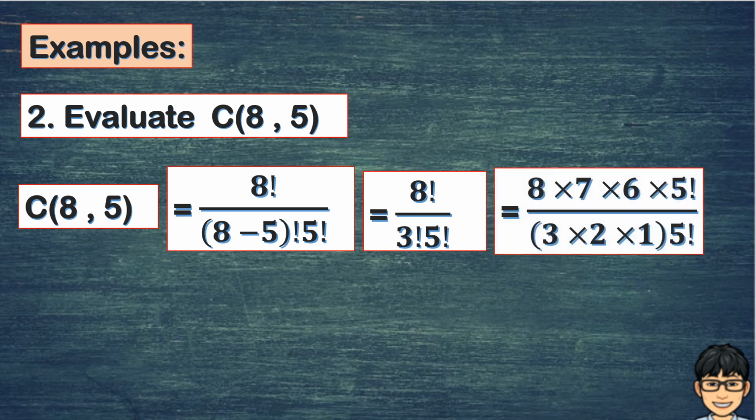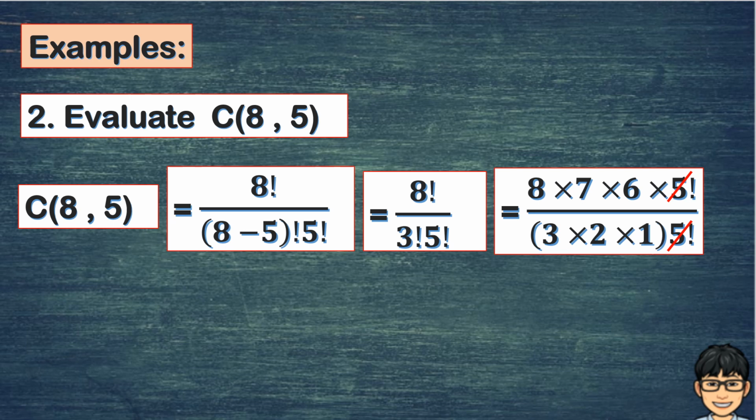To simplify, we have 8 times 7 times 6 times 5 factorial over 3 times 2 times 1 times 5 factorial. So, let us now cancel 5 factorial.